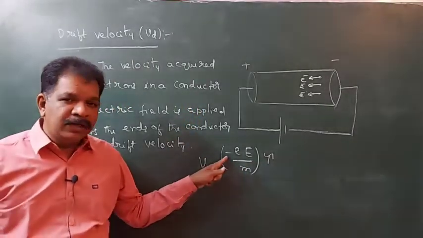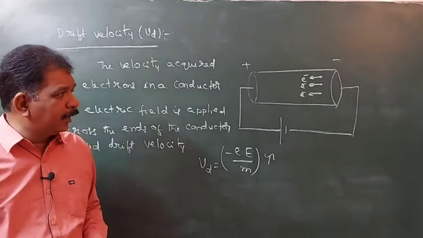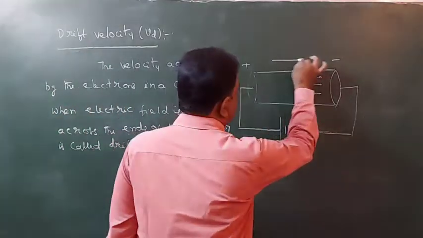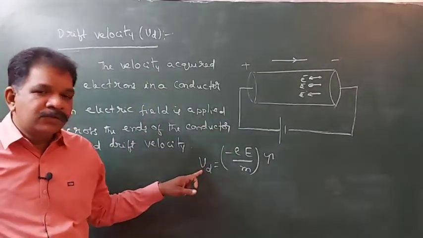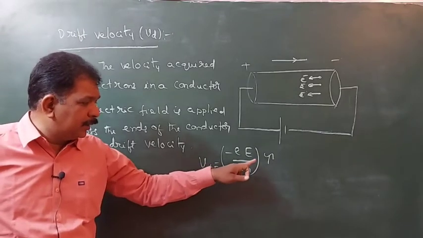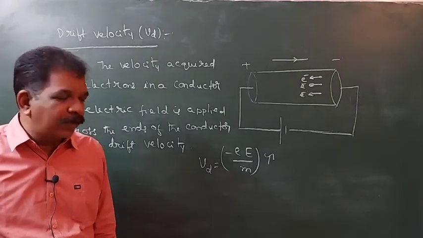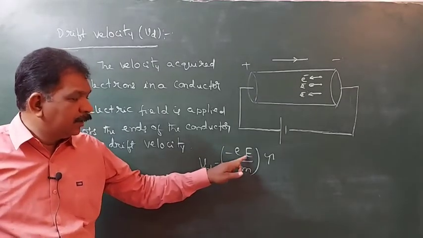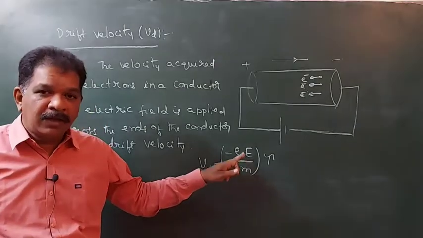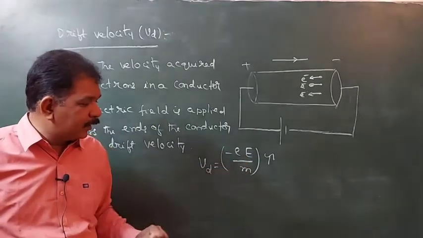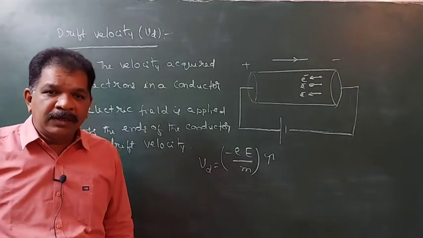The negative sign indicates the electrons are moving opposite to the applied electric field. Electric field direction is like this, but electrons are coming in the opposite direction. Where small e is the charge of the electron, capital E is the intensity of the electric field or electric field strength, m is the mass of the electron, tau is the relaxation time.